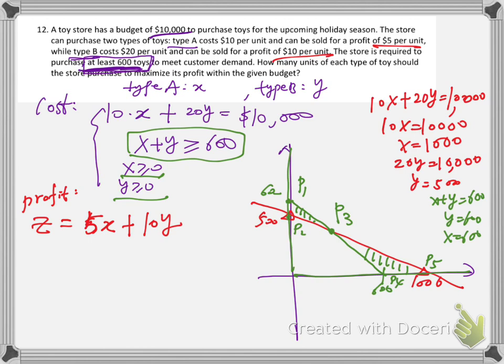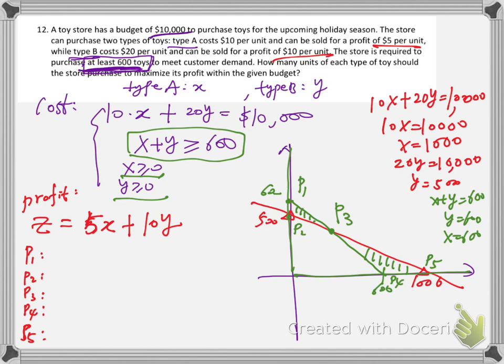So that's our profit formula for z. So now we need P1, P2, P3, P4, P5 to check for z. I don't have enough space, so I will try to make it shorter. This part is exactly the same as number 11 or number 10 after you already know this.